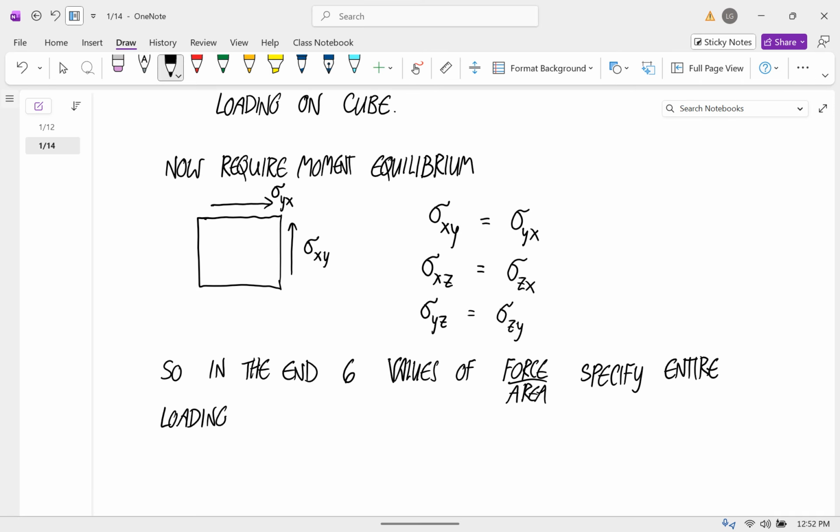That is true. Let me write this: specify the entire loading on the infinitesimal cube.